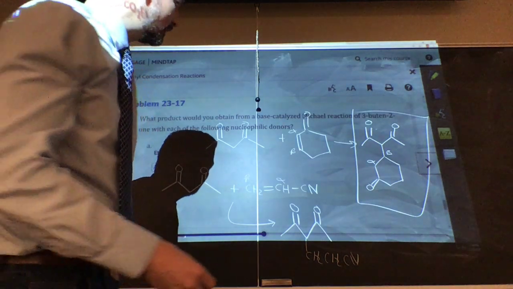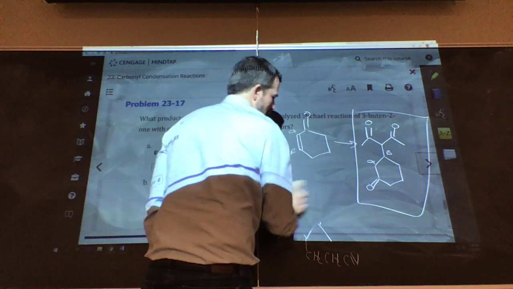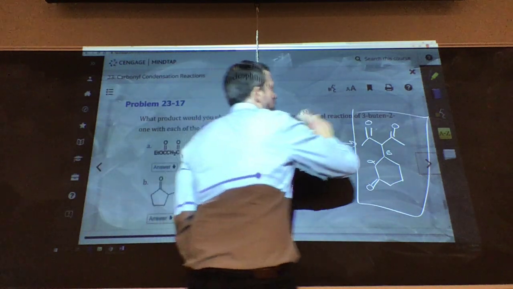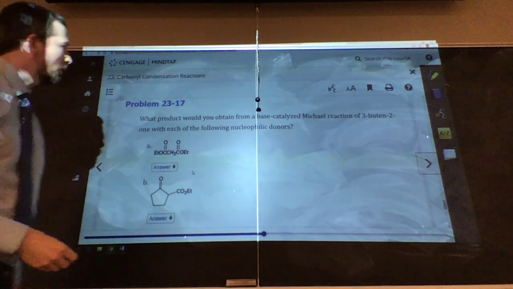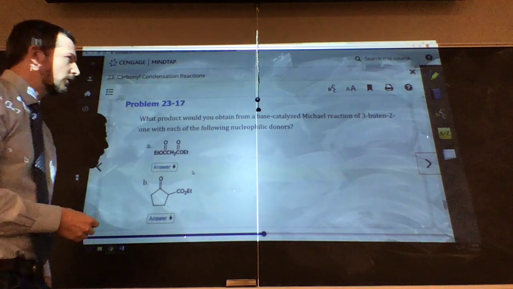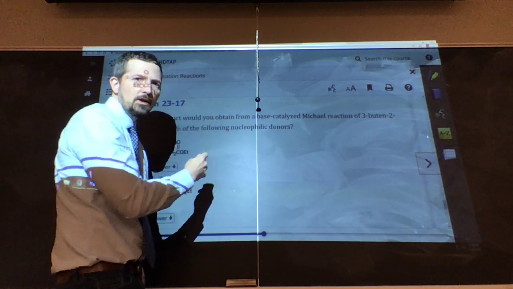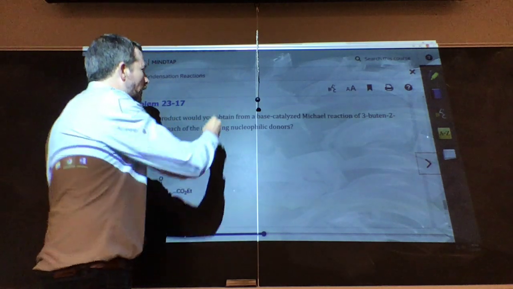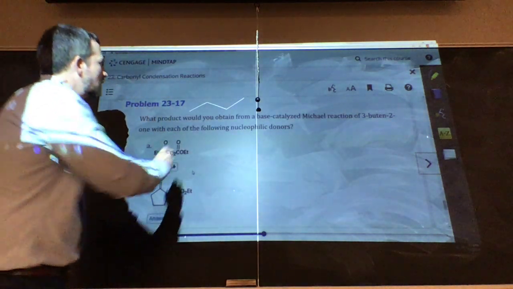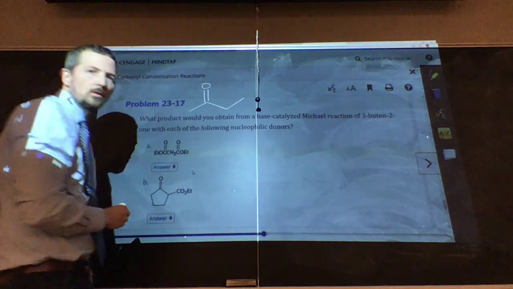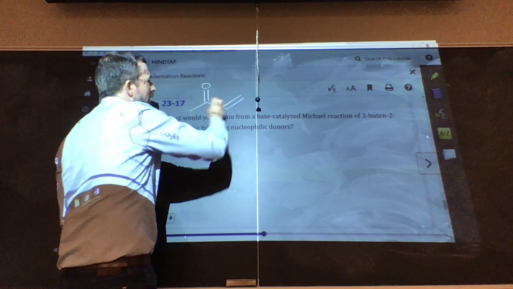Let's go ahead and look at 23-17. What product would you obtain from a base catalyzed Michael reaction of 3-buten-2-one? Butene is going to be 4 carbons, so 1, 2, 3, 4. 2-one, double bond, 3-butene, so 1, 2, 3.